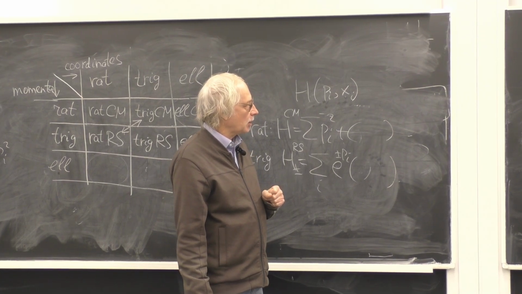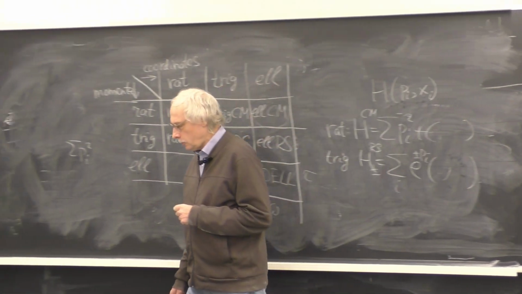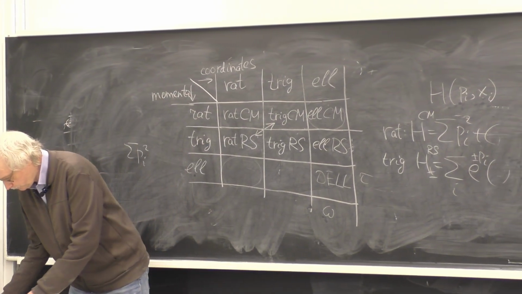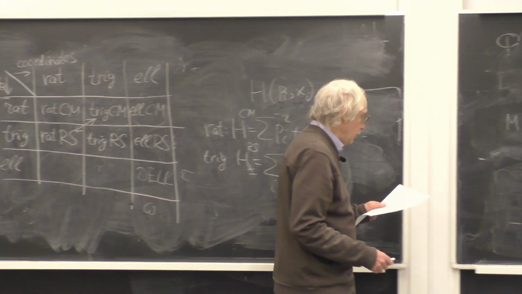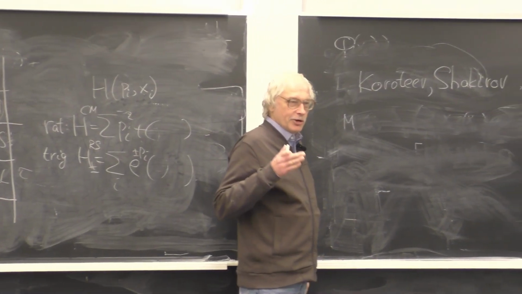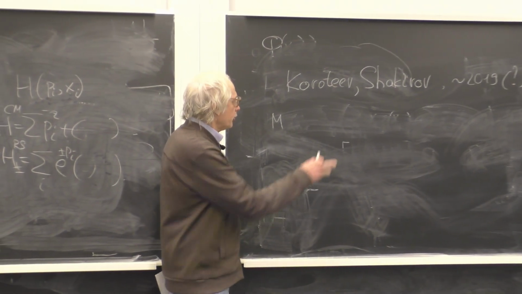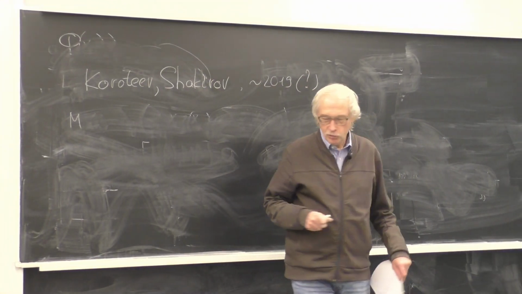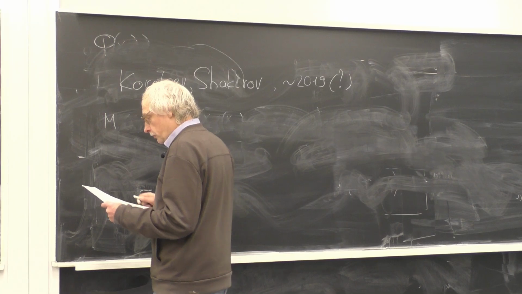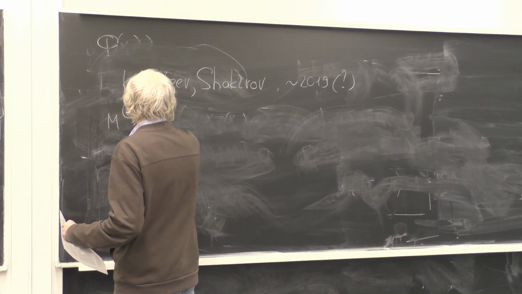But the result is the following. I will show it in some other form, not the original form of Karateev-Shakirov, but in the form which was elaborated by Grekov and Zotov.